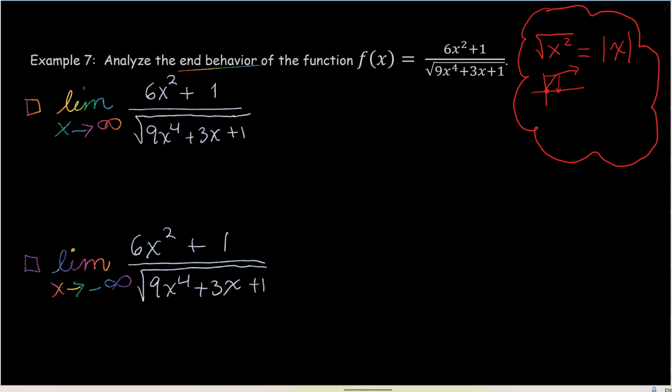Okay, and then the absolute value of x is either itself or its opposite. Itself if it was a positive number, and its opposite if it is a negative number. So in other words, in this case we want to divide by x squared on both the top and the bottom, right?